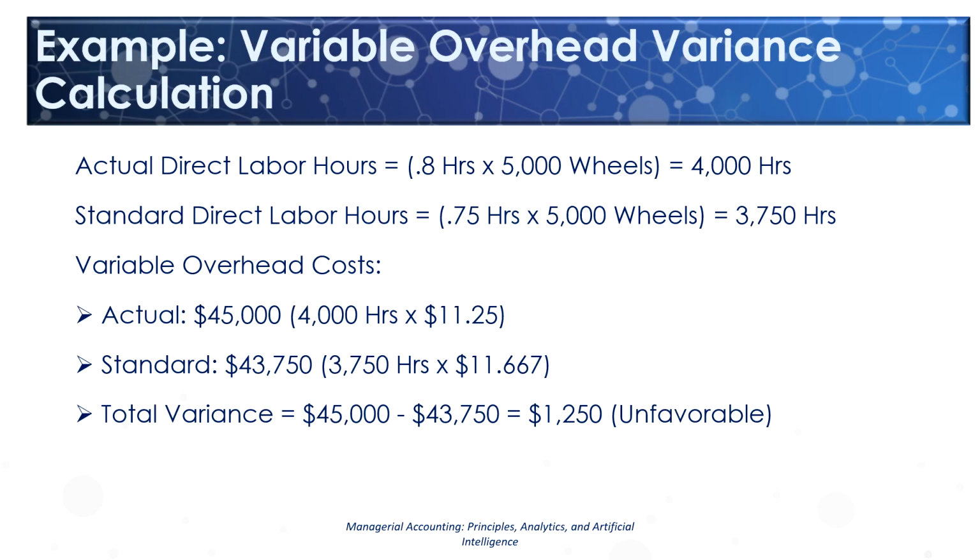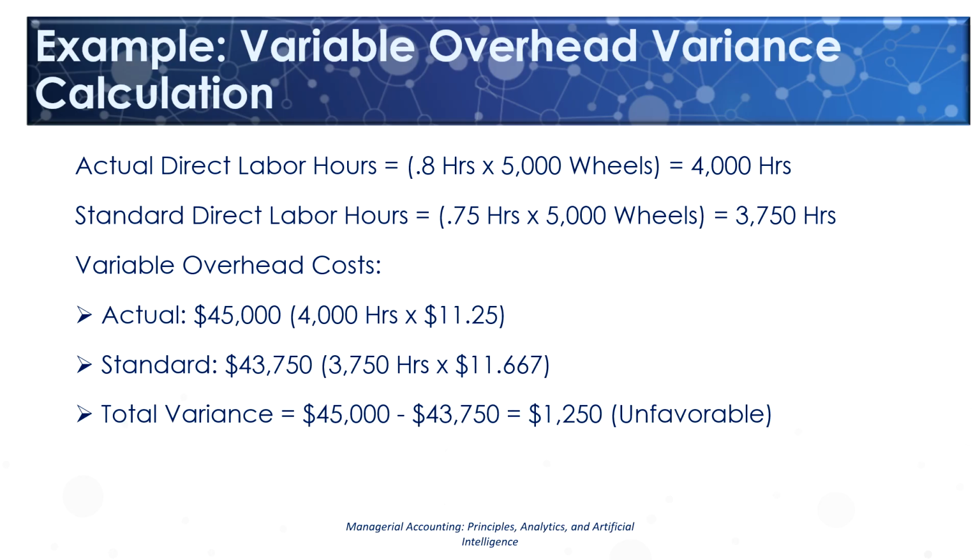Here's an example. With the Bob Willis Custom Wheel Company, they incurred actual direct labor hours of 4,000 and standard direct labor hours of 3,750 hours. The variable overhead costs are the actual cost of 4,000 hours times a variable overhead rate of $11.25.